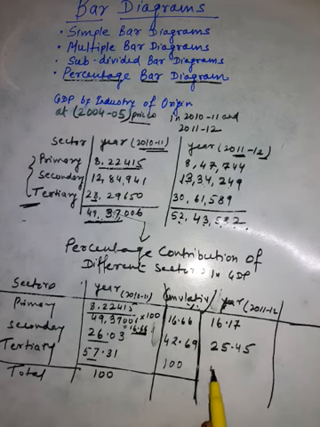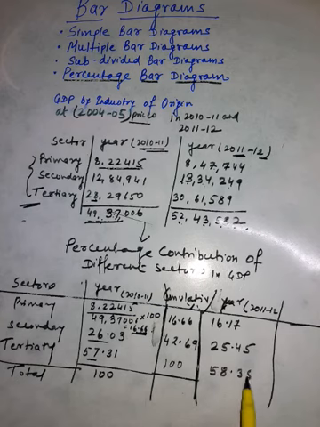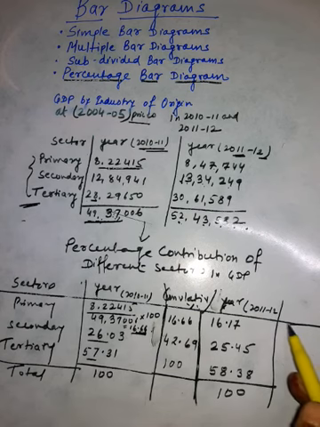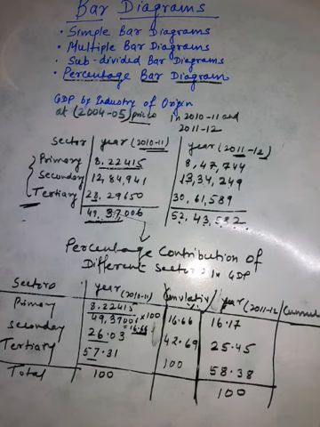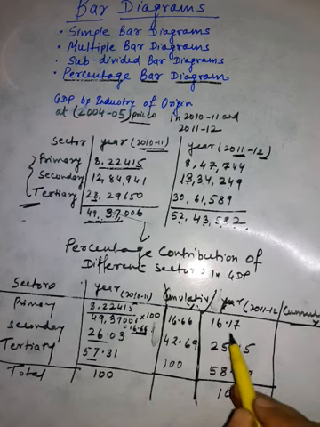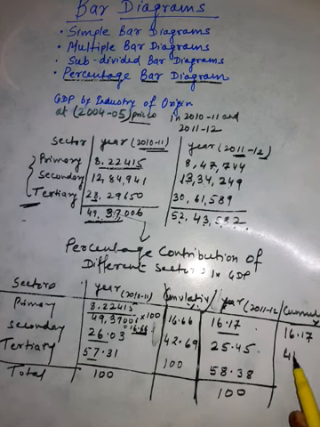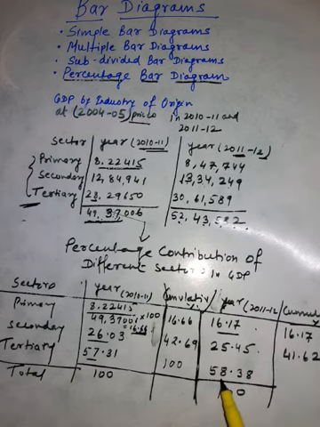Likewise 58.38, and that total should be 100. Okay, now again the cumulative percentage. First will be 16.17, then we will add this one to this one, we will get around 41.62, then the last one, add 58.38 to 41.62, okay, then you get 100.